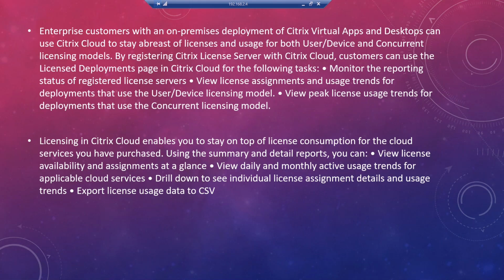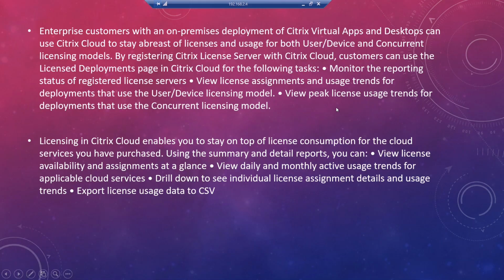So you can closely monitor the performance of your license servers. Your on-premise license server, you can closely monitor it once you register it with Citrix Cloud. And also you can have a look at the usage trends for the deployments that use the user licensing model or device licensing model.